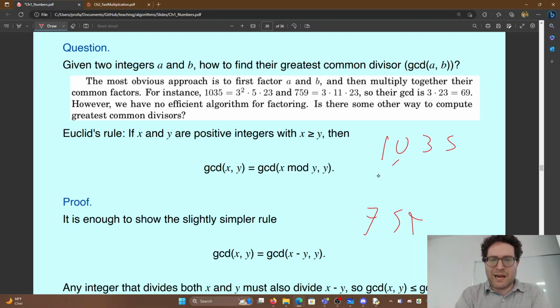It does the math for us: 1035 can be broken up into 3, another 3, a 5, and a 23. And 759 can be broken up into a 3, 11, and a 23. You just multiply together the factors they have in common, which are a 3 and a 23. Make sense? So their greatest common factor would be 69.